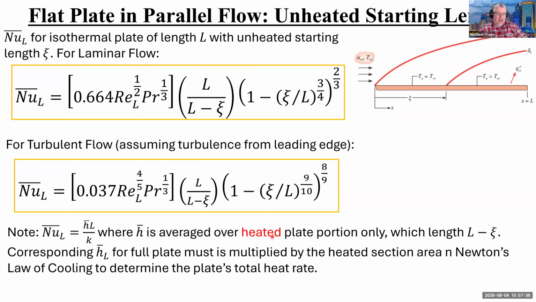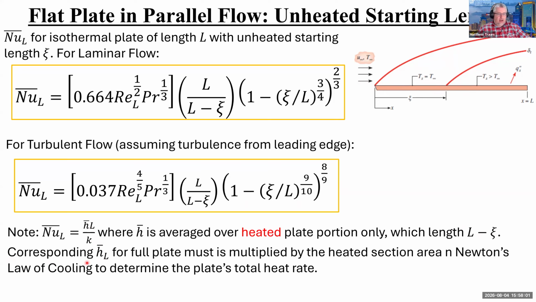So if you wanted to find the heat transfer, you'd use Newton's law of cooling: take these h values, multiply them by A, multiply them by the temperature difference to get the heat transfer. That A is the length of the plate minus this starting distance, times the width of the plate, right? So don't include the starting distance. That'll give you an area that's too big.